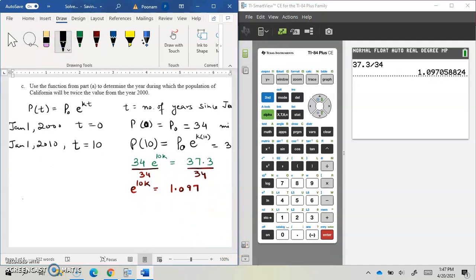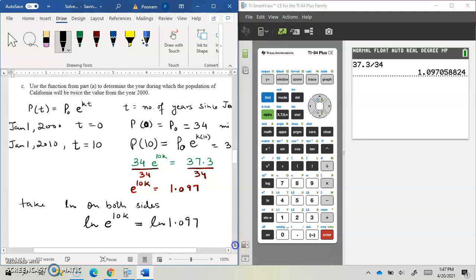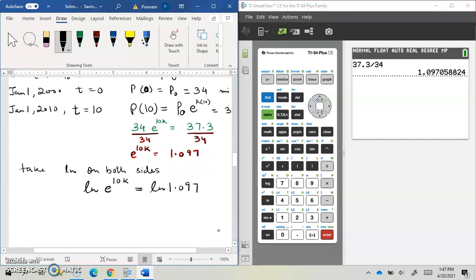So what are we going to do? We are going to take natural log on both sides because the base is e. So we have natural log of e raised to power 10k is equal to natural log of 1.097. Natural log and exponential function cancel each other if the base is the same, which is e.